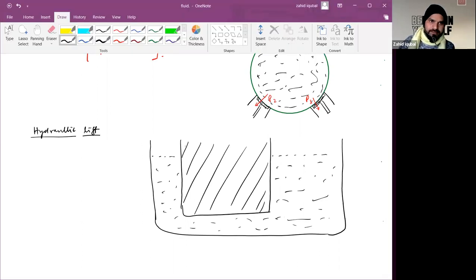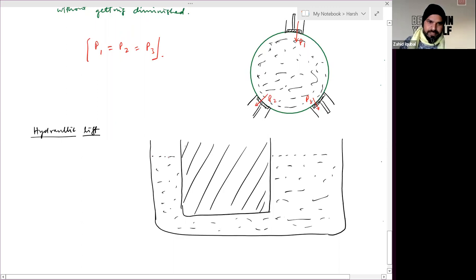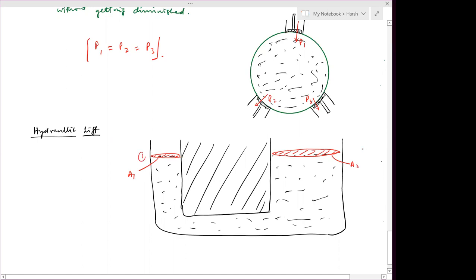There is a piston at this point, another one at this point, having different area. Area of this strip is A1, area of this strip is A2. Let's say this is end first and this is end second.